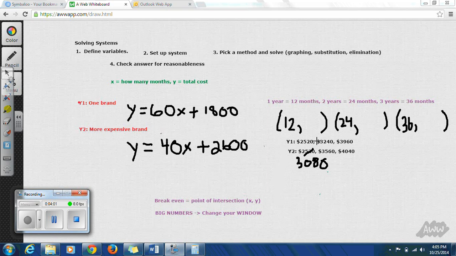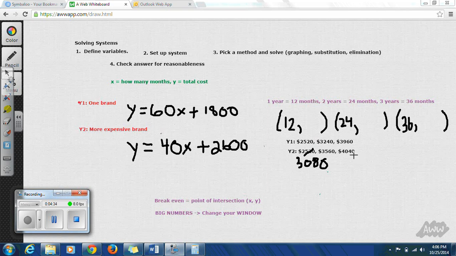So at 1 year, it's 2520 for the first brand and 3080 for the more expensive brand. 24 months, 3240 versus 3560, and at 3 years, 2960 versus 4040. And the pattern goes on and on. This is part A and B on the question about purchasing a new freezer.